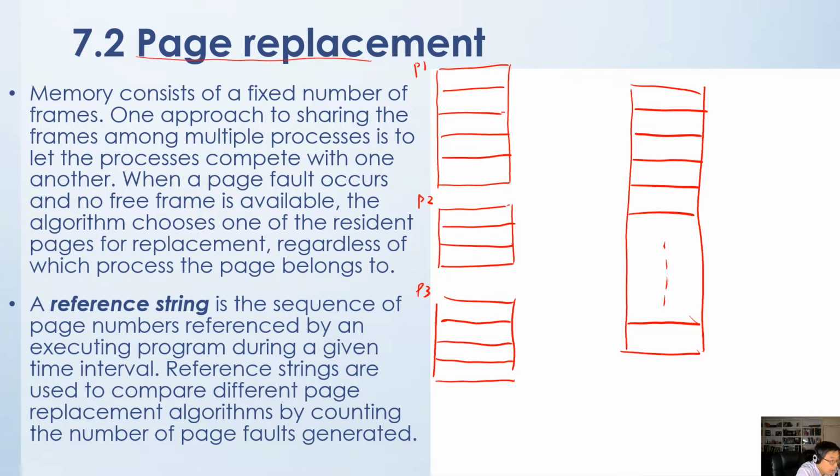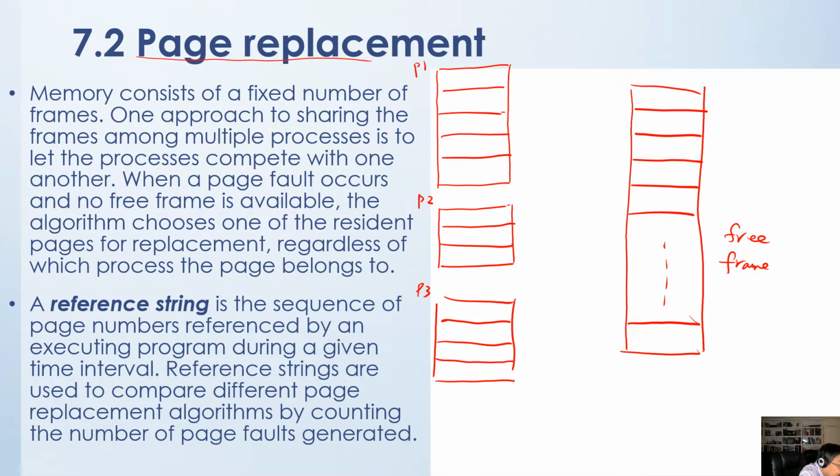So if one process is running, and the operating system wants to load a page into the physical memory, and there are no free frames, so the memory is full, then we need to pick a victim, one of the pages which is currently in the memory.